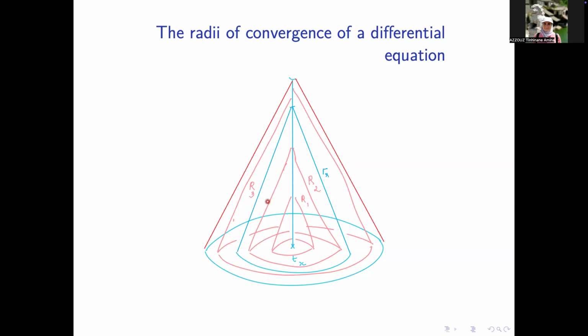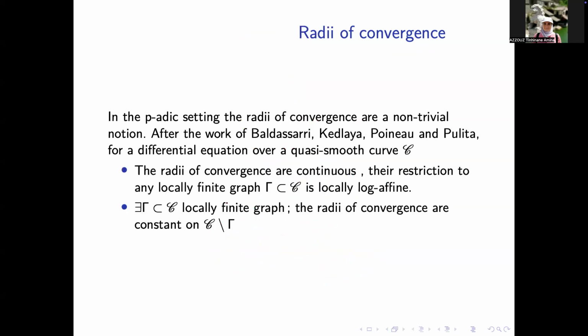What is the difference? For example, if I have a solution which converges on a bigger disk, then the spectral radius which corresponds to this solution will just be truncated at Rx. There is a difference between these two radii of convergence that I will explain here.